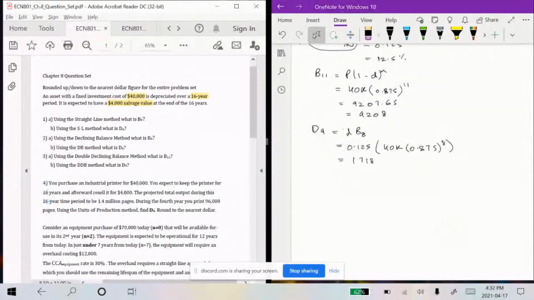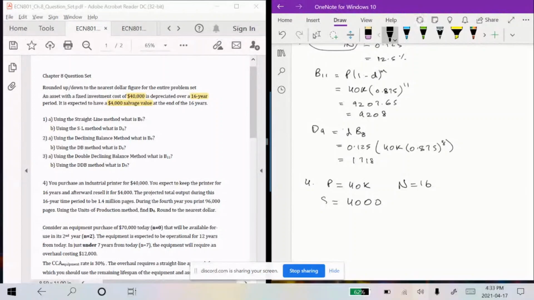Okay, so the fourth one. In this one, they're asking: you purchase an industrial printer for 40,000, and you keep it for 16 years and resell it. Salvage value is 4,000. The projected total output is 1.4 million pages.